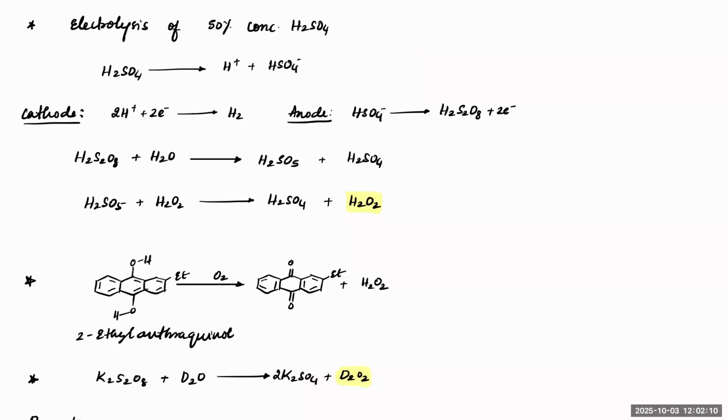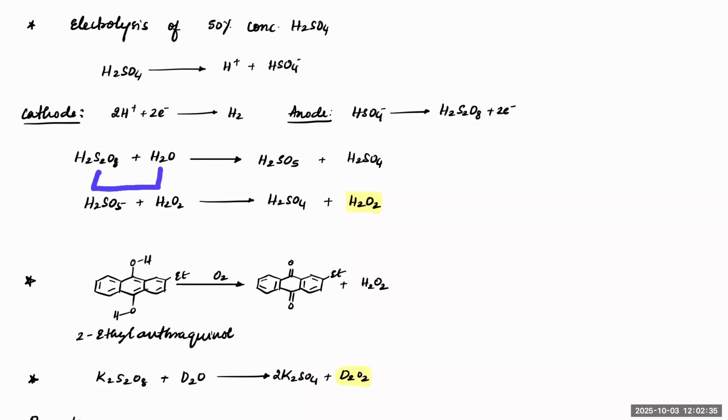Concentrated H2SO4, when you notice, H2SO4 will dissociate as H plus and HSO4 minus, and 2 moles of H plus will convert into H2, that is the cathode reaction. At anode, HSO4 minus will become H2S2O8, which is Marshall's acid, right? So it will convert into Marshall's acid plus 2 electrons.